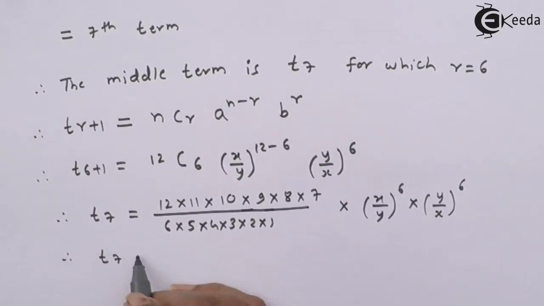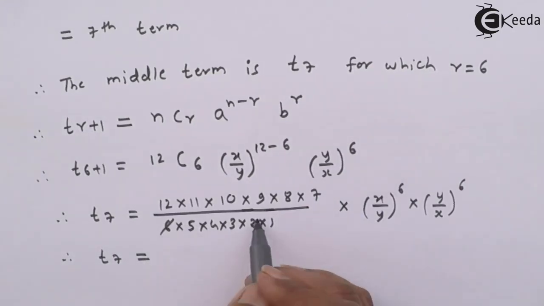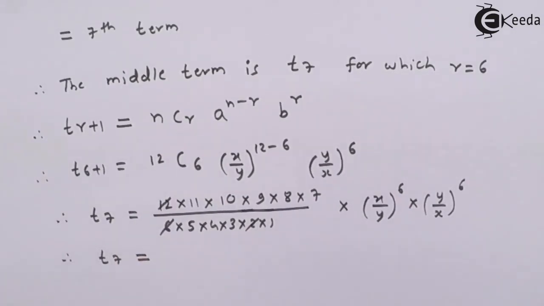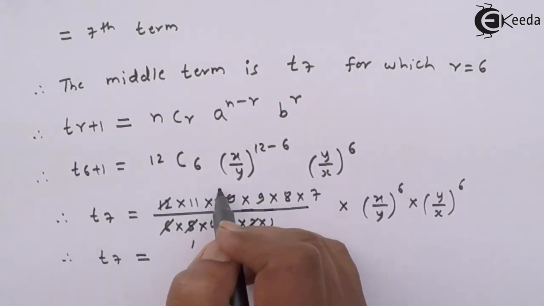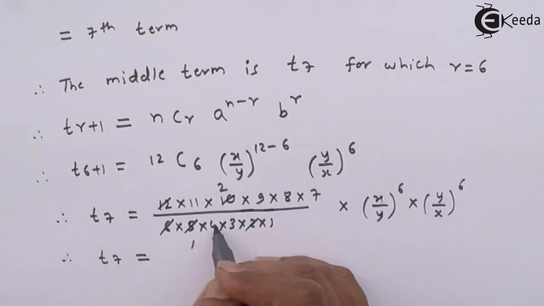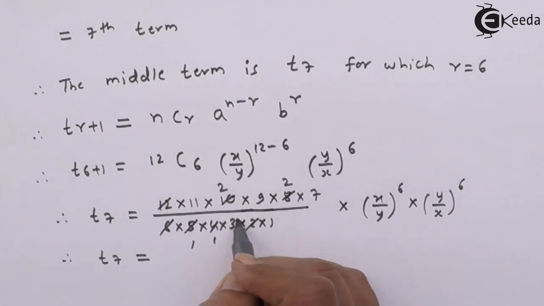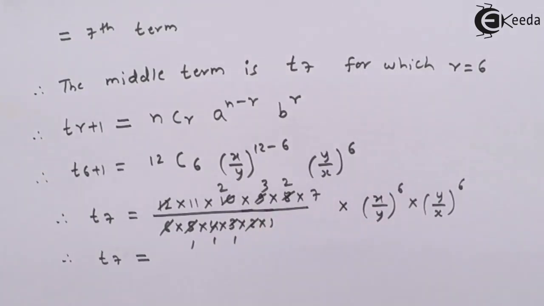Therefore T7 is equal to, so now here 6 into 2 is 12, that from the denominator, and we cancel 12 from the numerator. Then 5 ones are 5, 5 twos are 10, 4 ones are 4, 4 twos are 8, 3 ones are 3, 3 threes are 9.